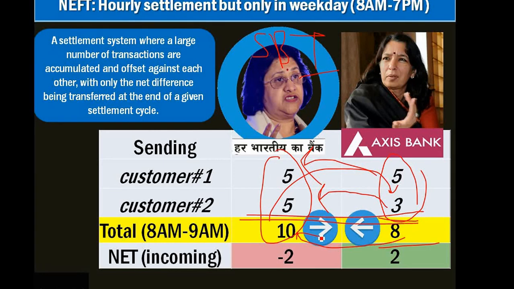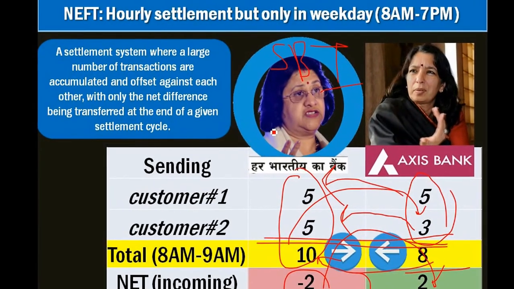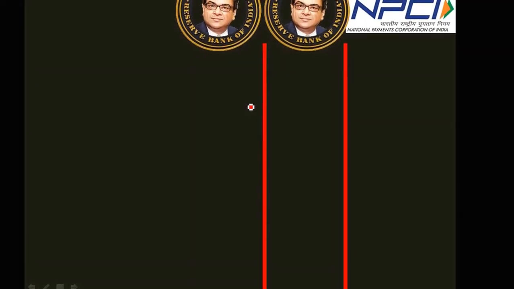Suppose 10 lakhs has to be transferred to Axis Bank, and 8 lakh rupees has to be transferred to SBI. Then SBI will not send the 10 lakh rupees by electronic means, nor will Axis Bank send the 8 lakh rupees to SBI. Instead, they just calculate the net difference, and that difference is sent by one of them. So in this case, only 2 lakh rupees is transferred to the Axis Bank account. This is called National Electronic Fund Transfer.